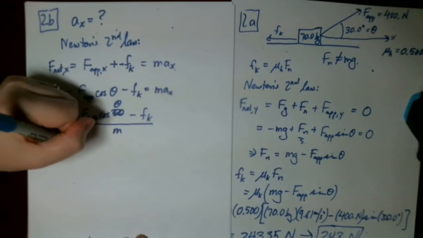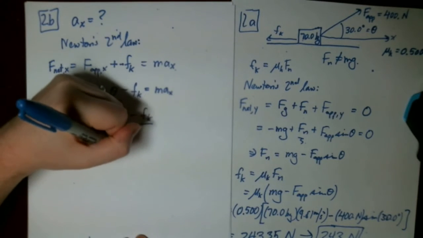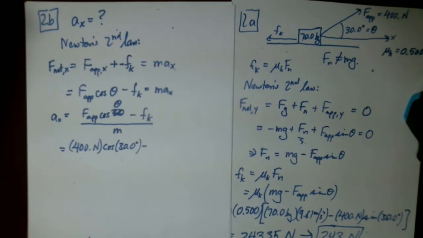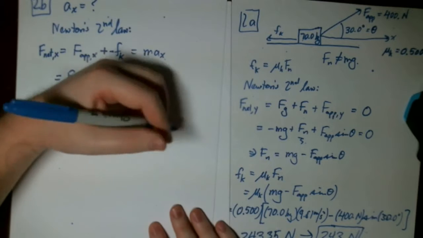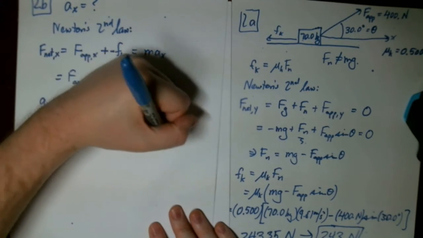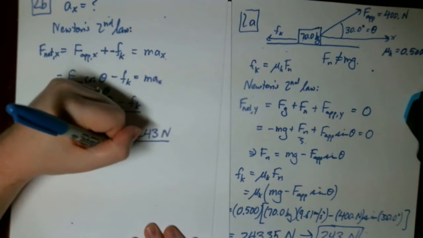So let's see, we have our 400 Newton applied force times the cosine of 30 degrees, minus what we calculated for the friction force, which was 243 newtons. And we divide that by the mass of the box, 70 kilograms.